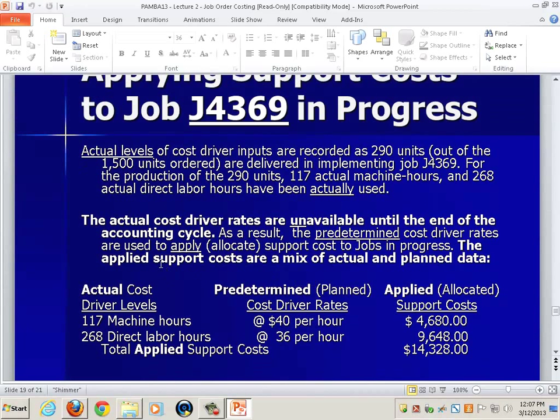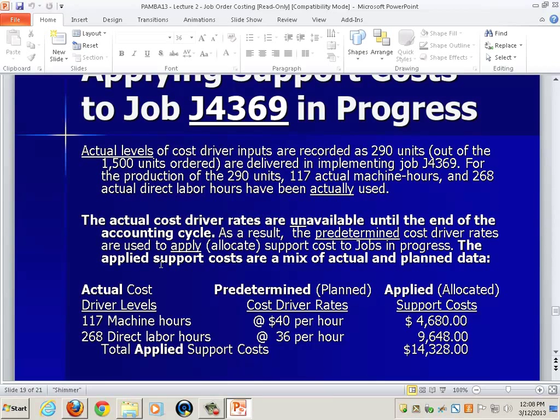But what about the indirect costs? We want also to record the indirect costs for those 290 units. Well, we ask ourselves how many machine hours we used to produce 290 units. We can get actual numbers.